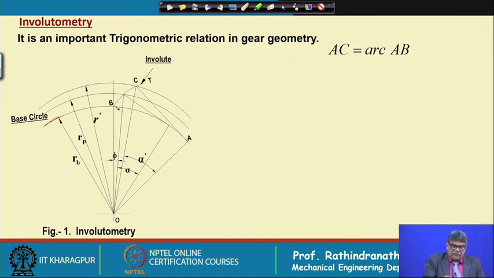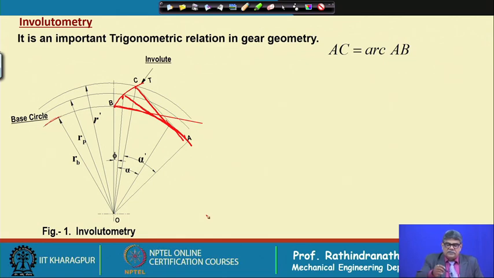On the base circle, if we consider a chord like this, and if we take a point here on the circle and on the chord, and then gradually if we open this chord, unwind this chord on the drum, this point will move here, here. Location of these points will give us the involute teeth.